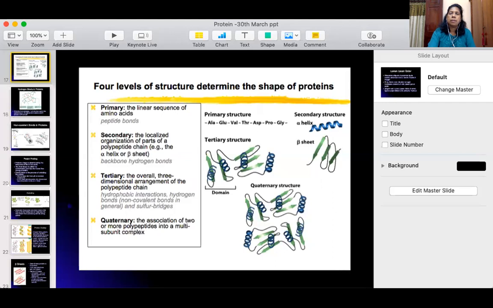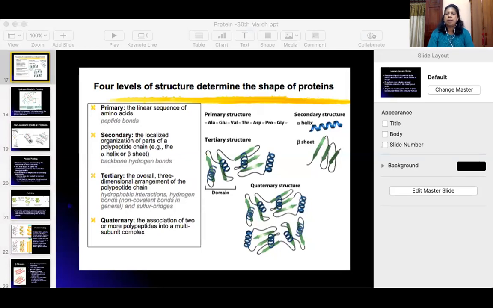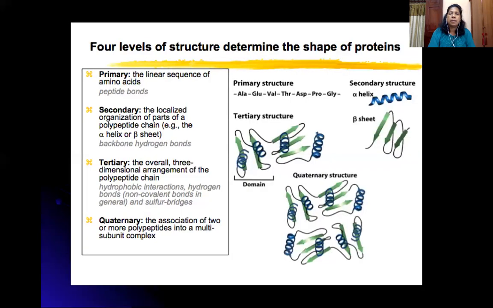What is the answer? Alpha helix, beta sheet. So what are the alpha helix and beta sheets? How is this structure coming like that? You are correct, alpha helix and beta sheet, but that is not the feature. So what is the feature? That is the important point.